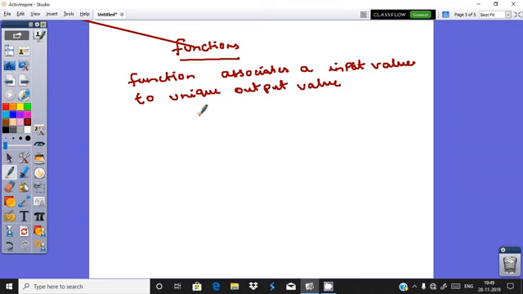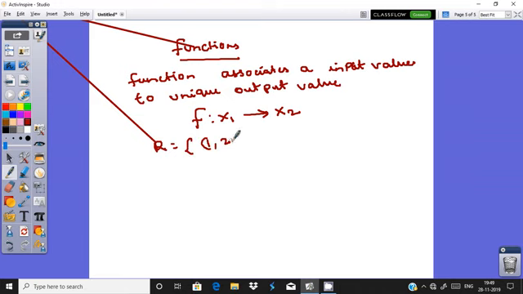For example, a function can be denoted mathematically like this: f maps x1 to x2. So this is the way a function is mathematically associated. Suppose I have a relation equal to {(1, 2), (3, 4), (2, 1)}.